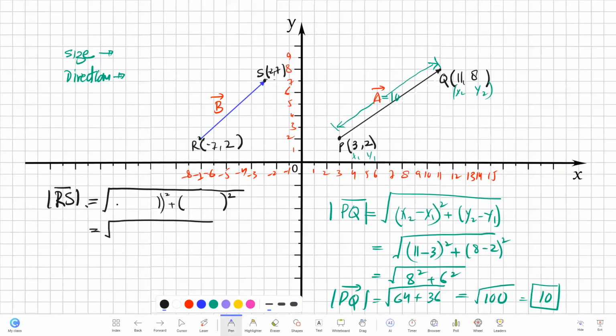So let's do minus 2 minus 7 and then 7 minus 2. Or if you just want to do R and S, it's going to be 7 minus 2, because we are doing minus 2 minus 7. Okay, now it looks good.